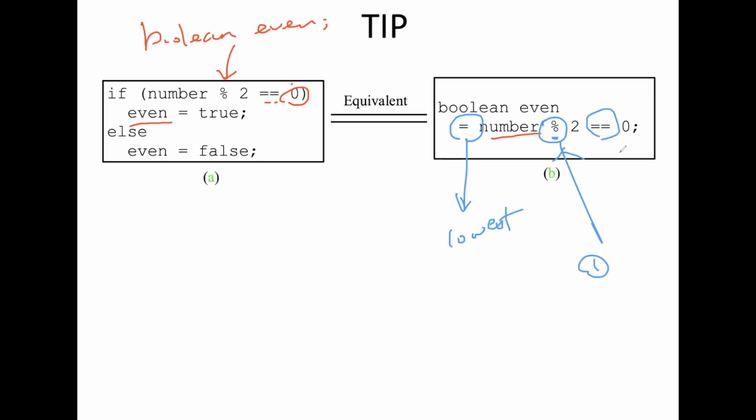This equals, which is the relational operator, will be number 2, whereas the assignment operator will be number 3 in the order of evaluation. So now that we know modulus has to be evaluated first, we have number mod 2, and we compare the result of that remainder against 0. This renders the entire Boolean expression, number mod 2 equals 0, to evaluate to either true or false. And the outcome of this on the right-hand side will then be assigned into this even value via this equal sign.